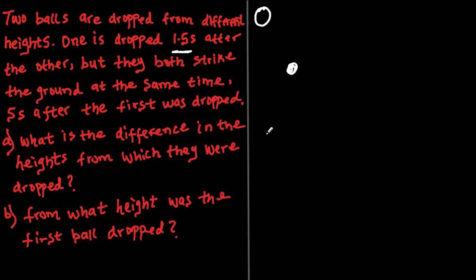Now, for them to reach the ground at the same time, what it means is that the second ball must be dropped when it is at the same level as the first ball. That is, the first ball was coming down, and when it got to the height of the second ball, that is when the second ball was released. That is the only case in which they will reach the ground at the same time.